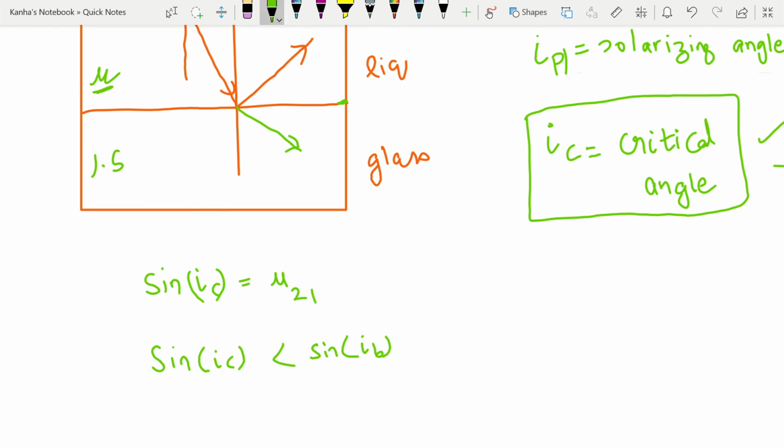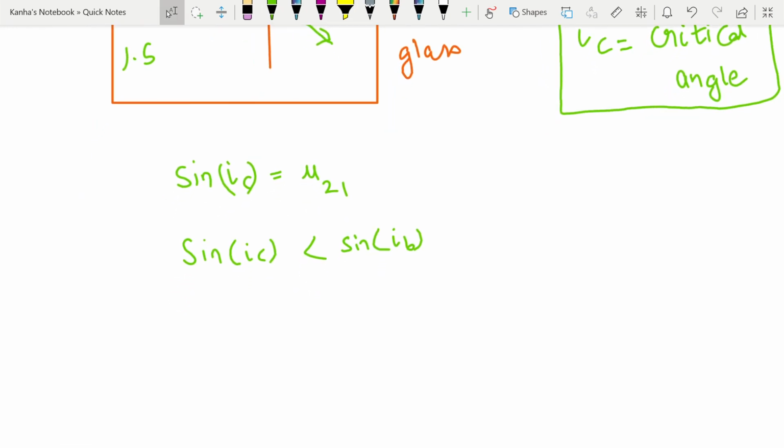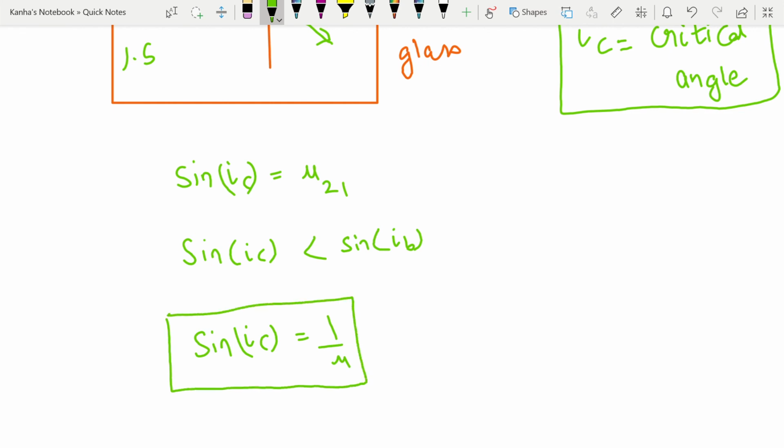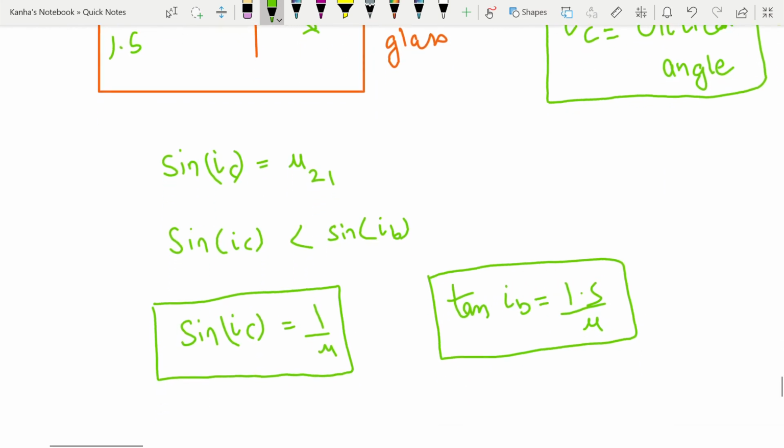Now I can write that for the air to liquid interface, sine 90 into 1 is equal to mu into sine of IC, so sine of IC is equal to 1 by mu. This is for the liquid and air interface. Similarly from the Brewster's law, I know that tan of IB is nothing but 1.5 by mu. This happens at the second interface, glass liquid interface.